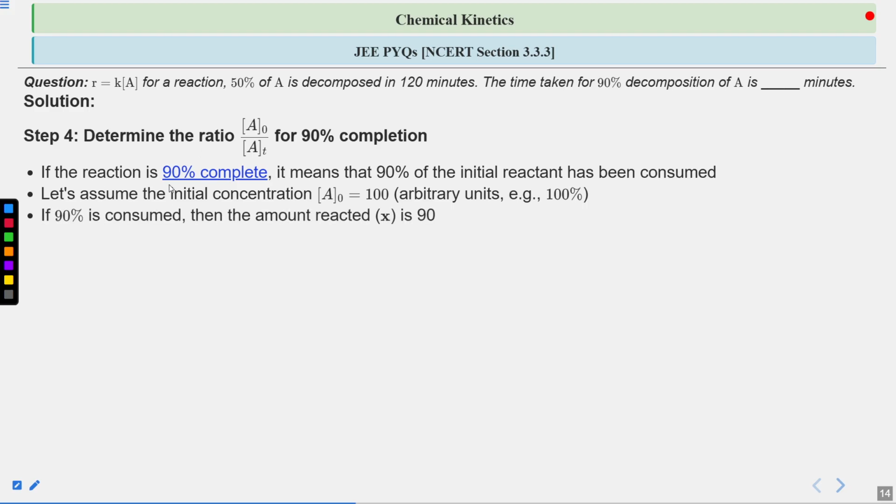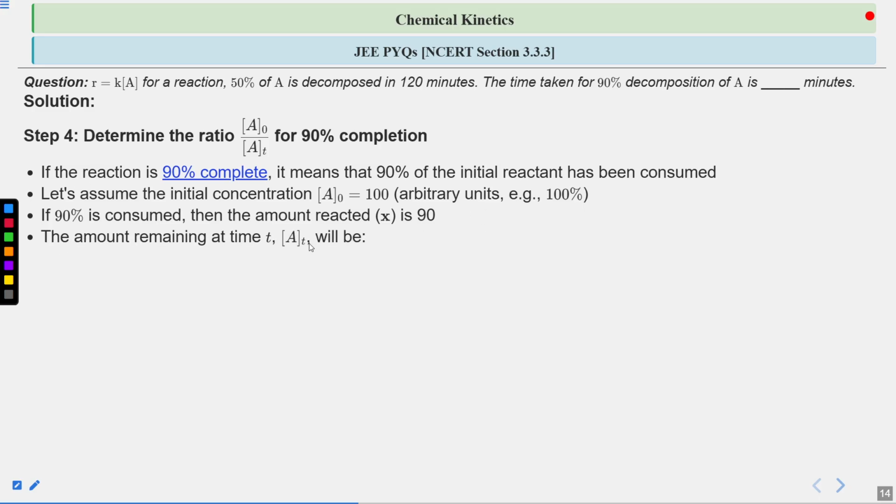If 90% is consumed, then the amount that is reacted is 90, because 90% of the initial reactant is consumed. That means the amount that has reacted to become the product is X, which equals 90.